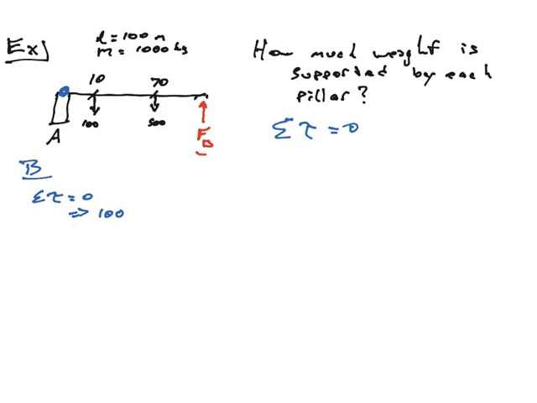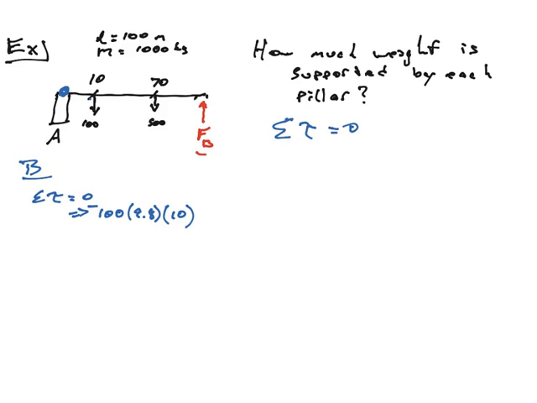So I've got 100 times 9.8 times the distance from pillar A to where that person is, which is 10 meters away. From 0 to 10 is 10. Does that person make my bridge want to go clockwise or counterclockwise? He makes my bridge want to collapse clockwise, so he's negative.